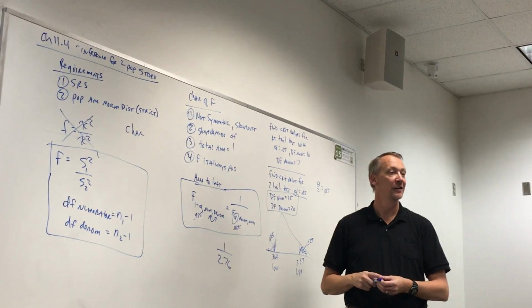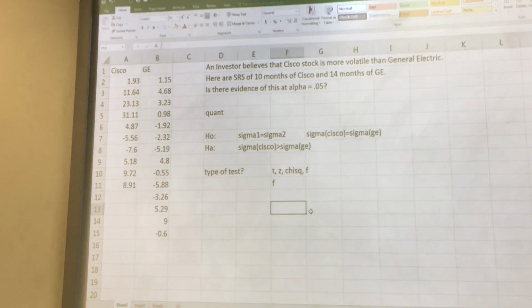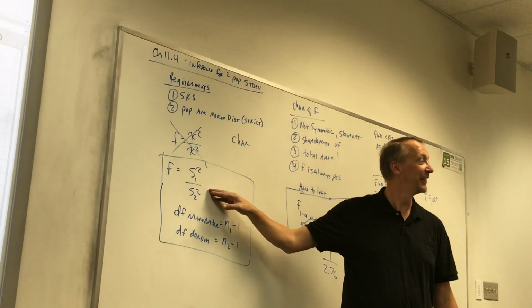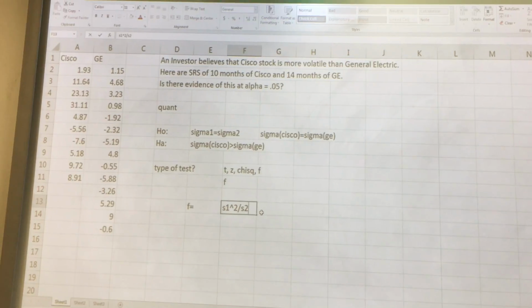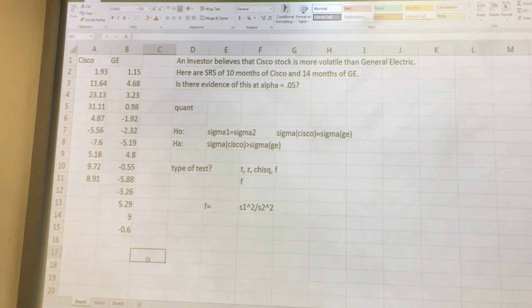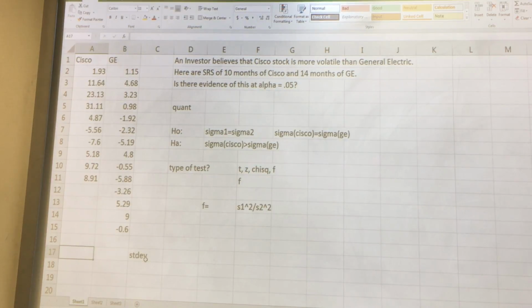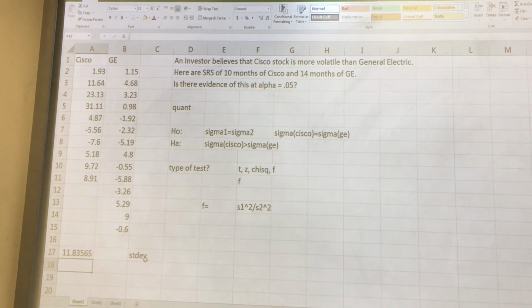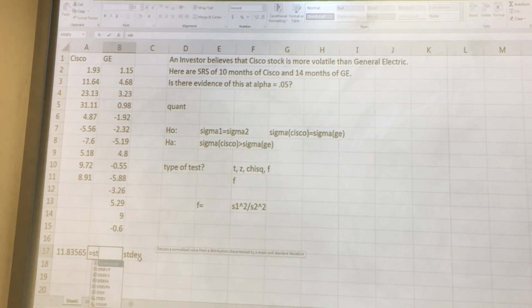Let's go on. It's not even part of this problem, so this is practice. Type of test, this is the F test. F equals S1 squared divided by S2 squared. So I need to find my standard deviation, really I'm finding my variance, but this will work.